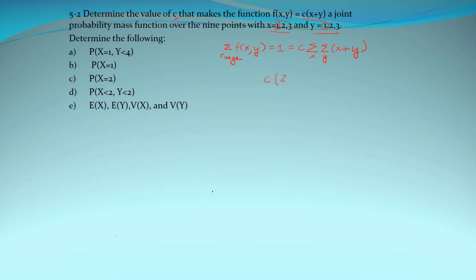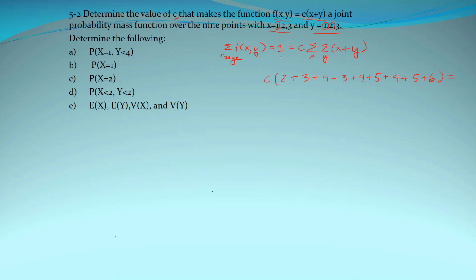Next let's go to 1 and 2. Plugging things in here, 1 plus 2 is 3. And if we keep going along in that sequence, it's going to be plus 3, plus 4, plus 3, plus 4, plus 5, plus 4, plus 5, plus 6, and thank goodness they didn't make it any bigger.